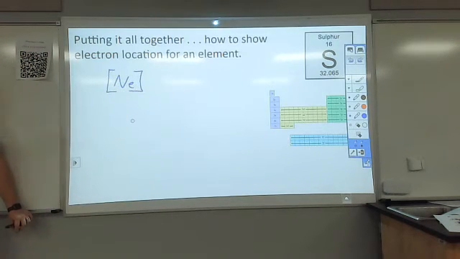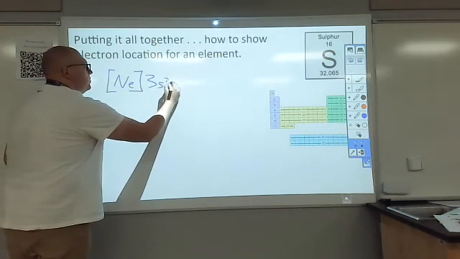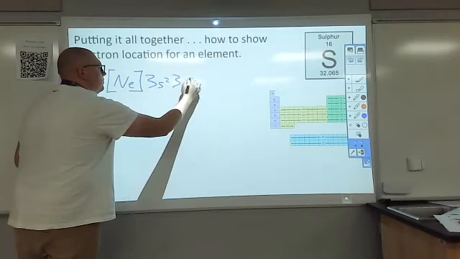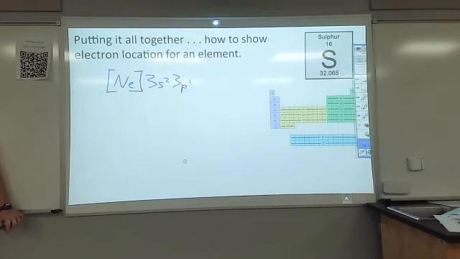So I'd put the little box around neon, and then I would start 3s2, 3p1. And that would be the shorthand for aluminum. It's a little bit of a shortcut, but it really starts helping out when you're filling up big atoms like uranium. Okay, but that's how the shorthand works.